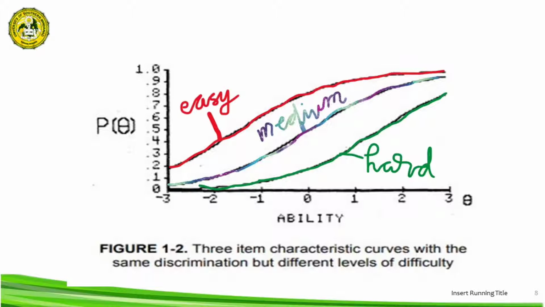And the right-hand curve, the one at the bottom, represents a hard item because the probability of correct response is low for most of the ability scale and increases only when the higher ability levels are reached. Even at the highest level shown, which you can see there at positive 3 ability, the probability of correct response is only 0.8 for the most difficult item.